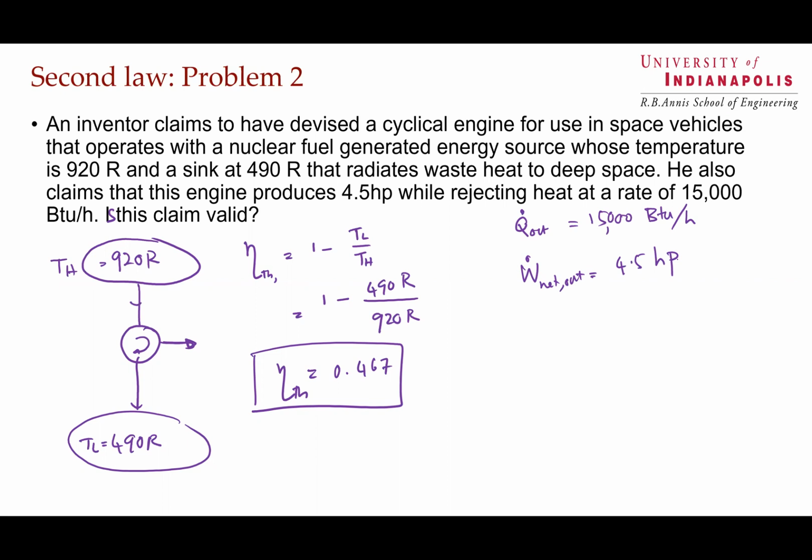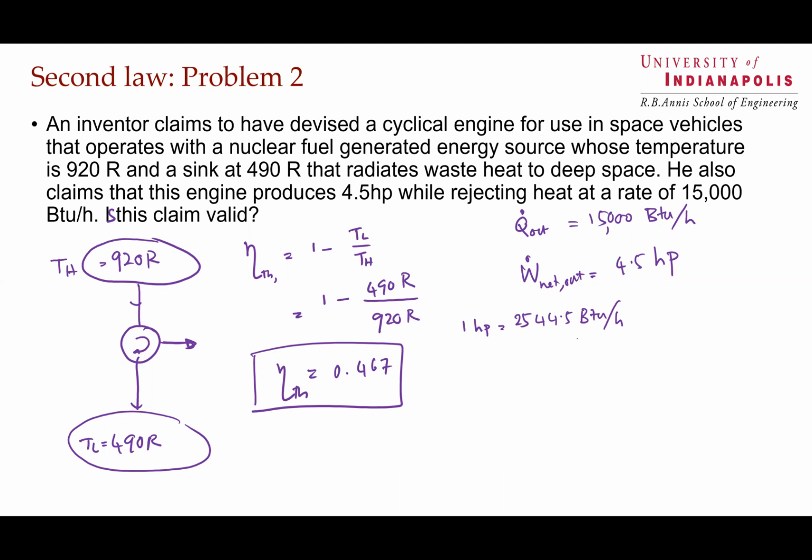If you convert the horsepower into BTU per hour, there's a conversion factor table in the back of your book. 1 horsepower equals 2544.5 BTU per hour.